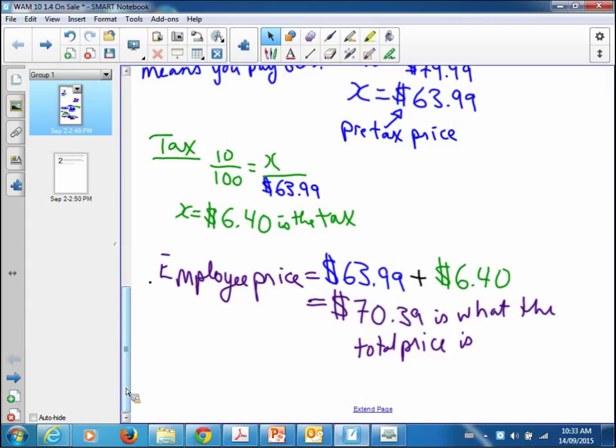Okay, $70.39 is the total price. Now, I've got a real doozy on here on the next page. I know it took Isaiah a couple of shots at that day-old bread and stuff like that, right? I'm going to flip the page and get you started on that.